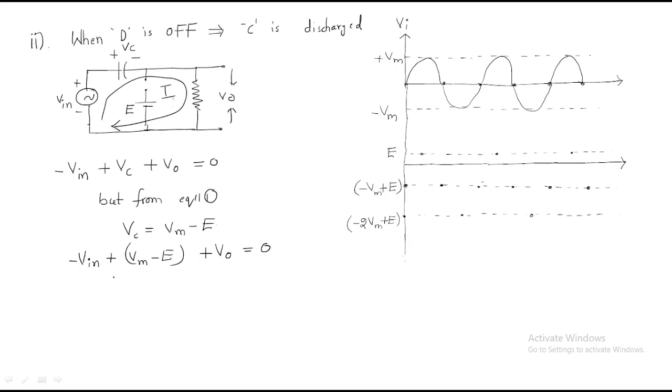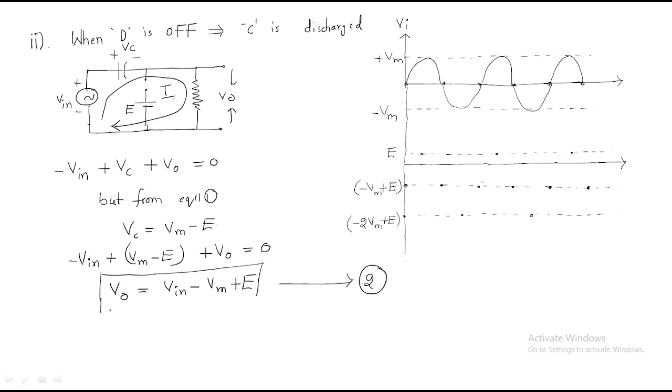Then you can write the output equation: V0 equals V input minus VM plus E. This is the final output equation of the level shifter negative clamper.